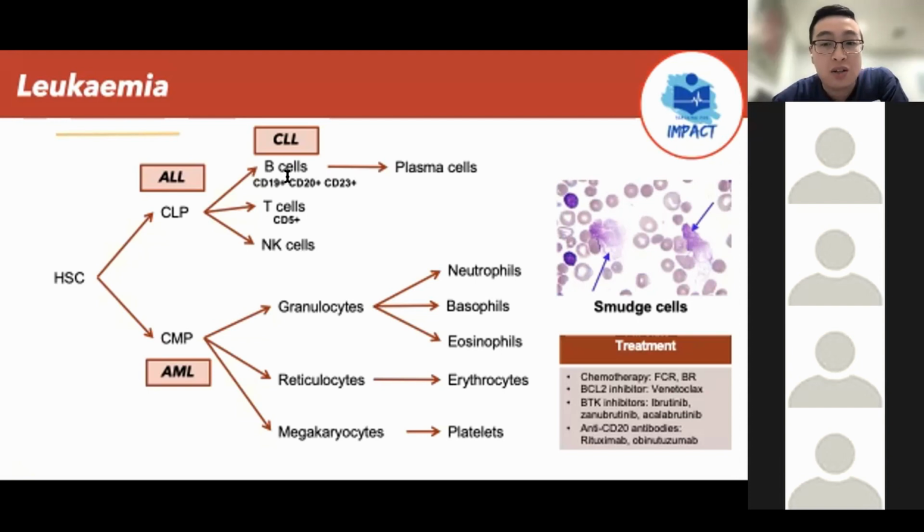In these patients, in the past 10 years or so, we've seen the emergence of really 3 groups of targeted agents that have been shown to be very effective, just as effective as FCR and BR, in people with either an abnormal TP53 or unmutated IGHV. The 3 targeted agents are: 1, a BCL2 inhibitor called venetoclax.